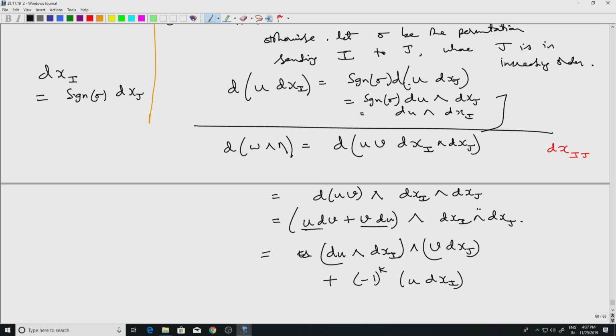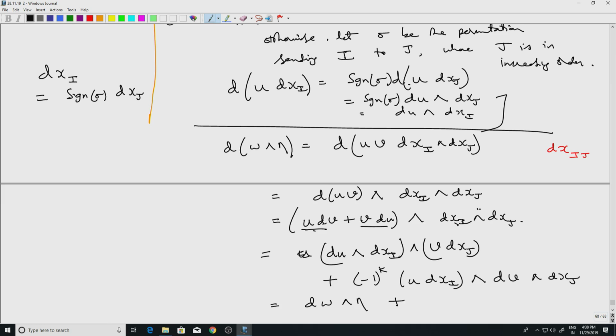Right, so I'm starting with this, and then the dx_I I'm moving past the dv, and dv wedge dx_J. The dx_J remains wherever it was. So because I interchanged dx_I and dv, I got this minus sign, minus 1 raised to k, and this is the same thing as d omega wedge eta.